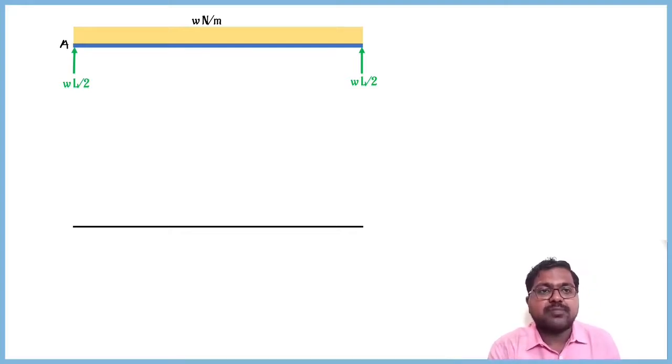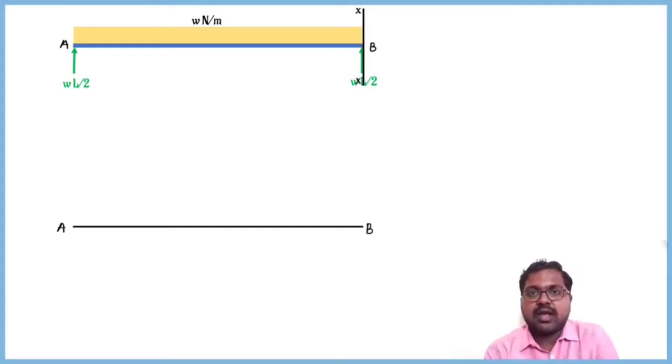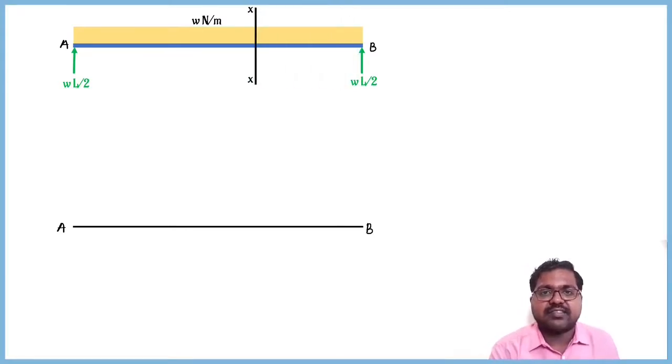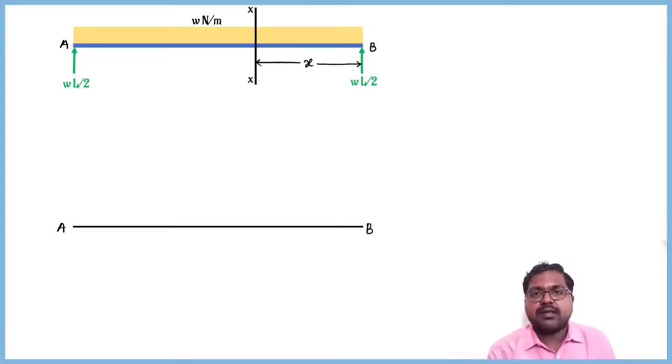again I am considering this beam AB and the cross section I am taking here on baseline AB. We can simply mention that for a simply supported beam, at A and B the bending moment is equal to 0. Then I am going for a cross section which is at a distance of X from B, in between A and B. So I am going to calculate the bending moment at this cross section.